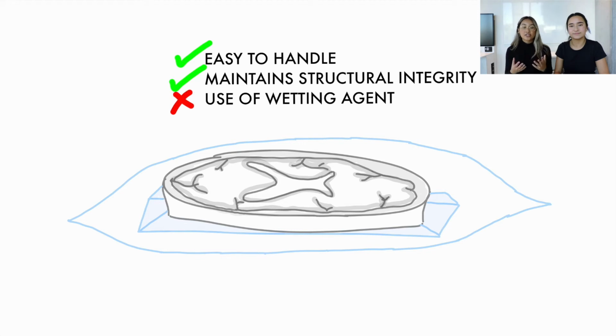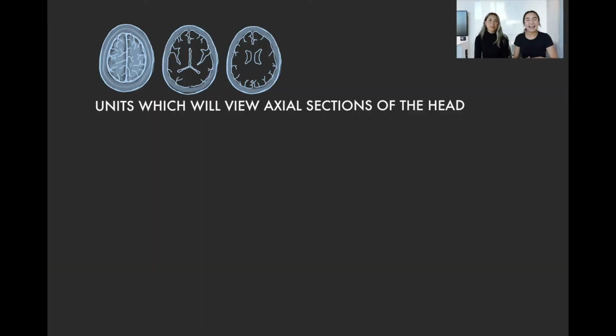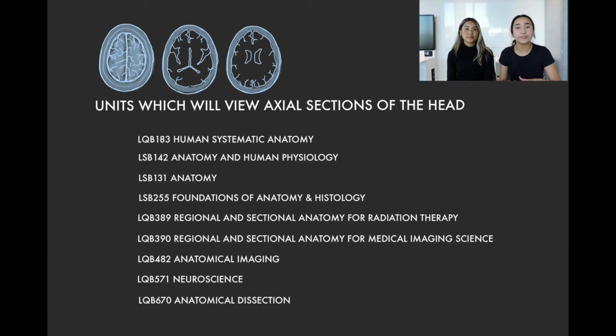Unlike many other prosections, the display of these axial brain sections is not limited by the availability of fume hoods. This exponentially increases the accessibility of this prosection at QUT undergraduate labs, where the availability of fume hoods is very limited. Our axial sections are an excellent addition to the QUT human donor collection, as they are relevant to at least 7 health units.